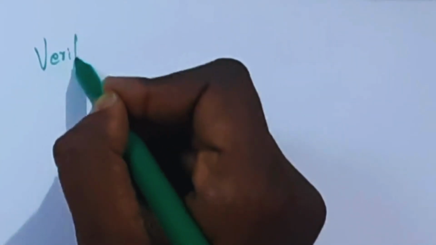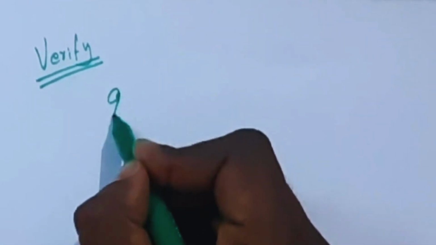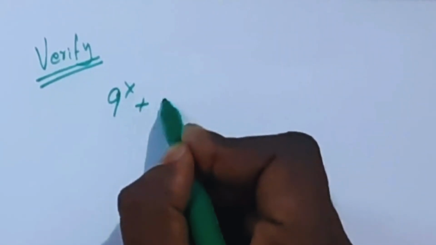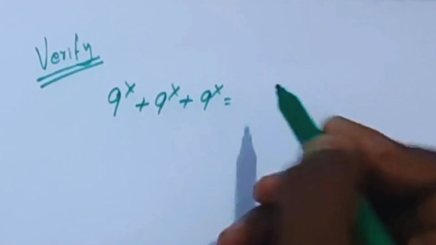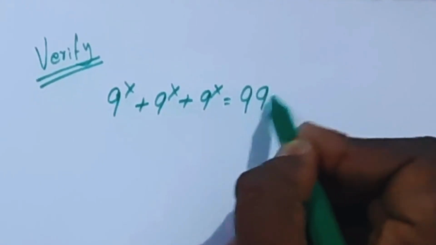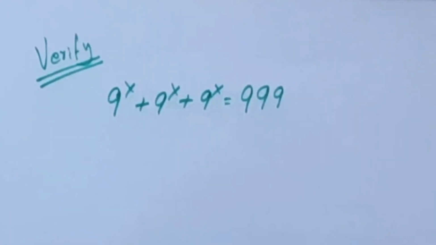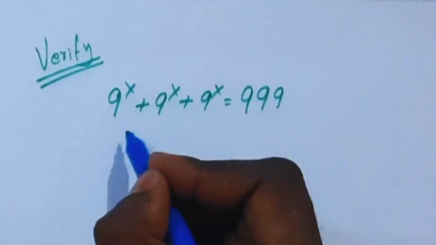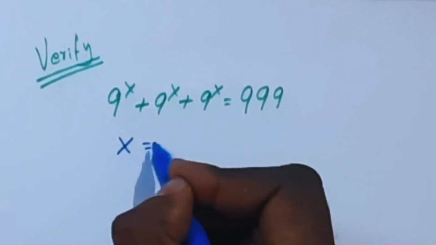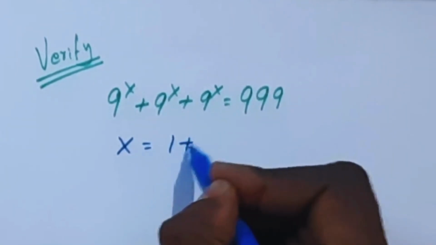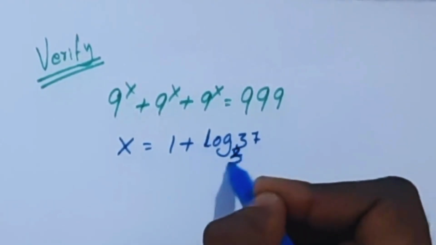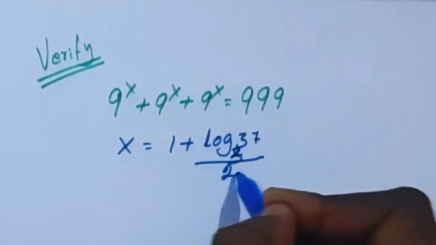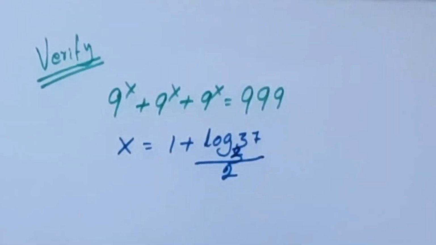Verify with the 9 power x plus 9 power x plus 9 power x equal to 999. Now this x is 1 plus log 37 base 3 by 2. Now we are going to apply here.